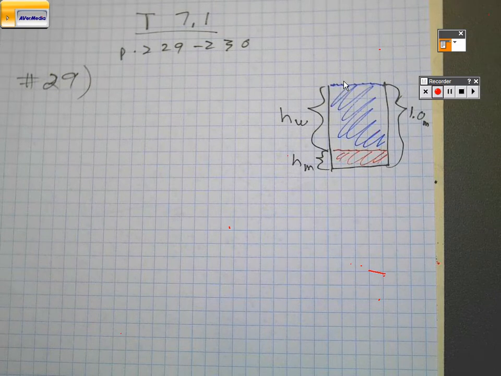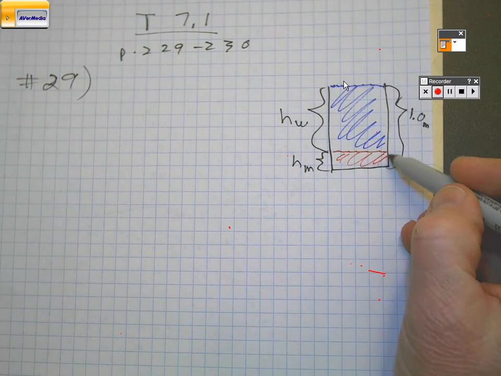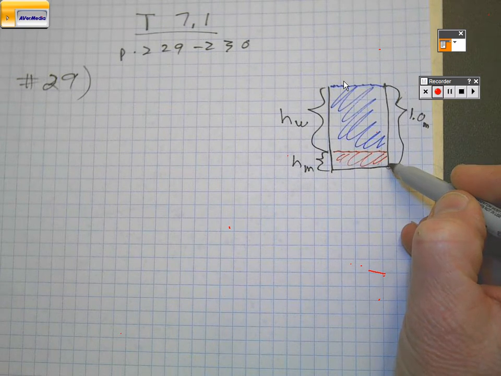And here's what they're asking. They're saying at this point on number 29, what should be the depth of the mercury? So we're solving for H sub m. What should be the depth of the mercury so that we get twice the atmospheric pressure?